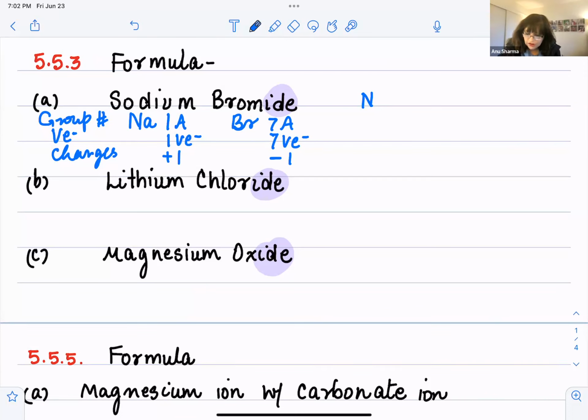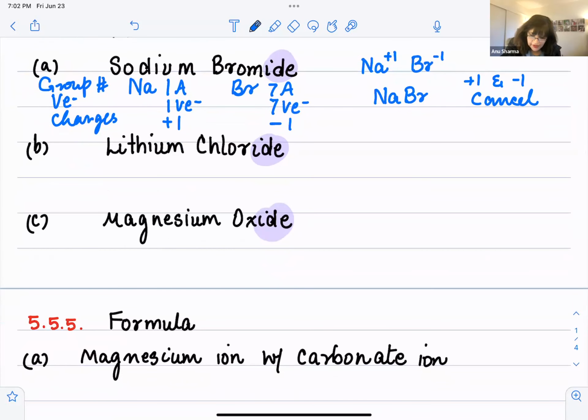And again, you have to watch the lectures to get this. This one is just practicing. So sodium +1 and bromine -1. When they crisscross, they just form NaBr because +1 and -1 cancel out. Same charges cancel out. So this is the formula and the name.